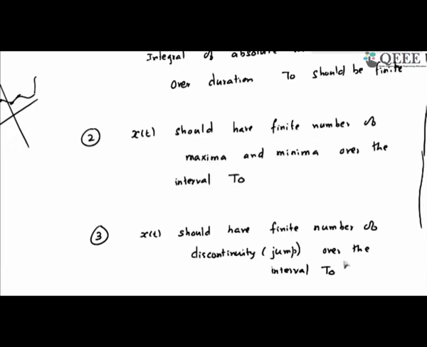So T naught is the fundamental period, right. So within one period it should have a finite number of jumps. Within one period it should have a finite number of maxima and minima. Within one period it should be absolutely integrable. Okay, so these three are the Dirichlet conditions. If these three conditions are satisfied, then Fourier series converges. Okay, so that is what we said, right.